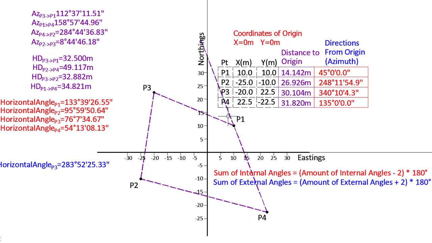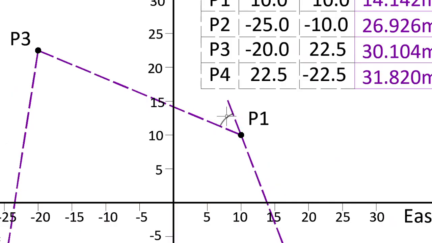Sorry, it's the other way around. You know what? I'm just going to do it this way. Okay. This is the deflection angle that I'm talking about. This angle over there is called a deflection angle.